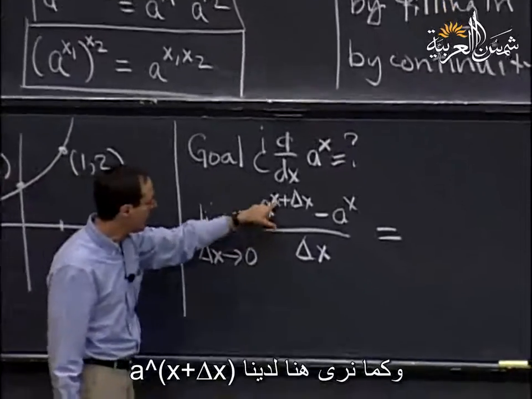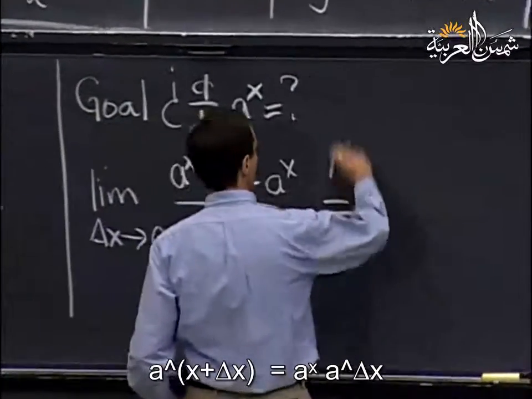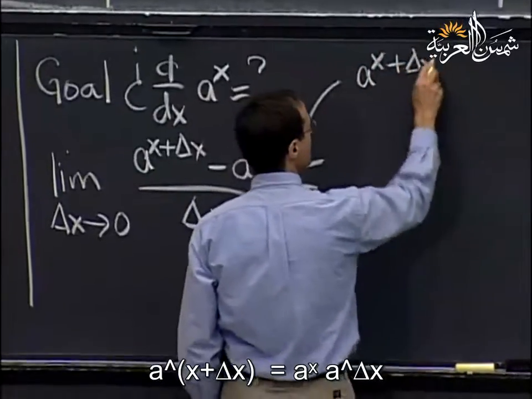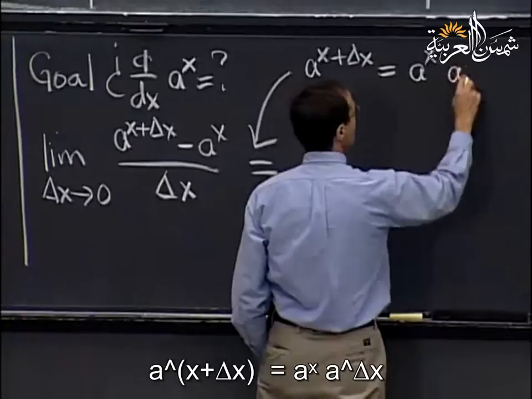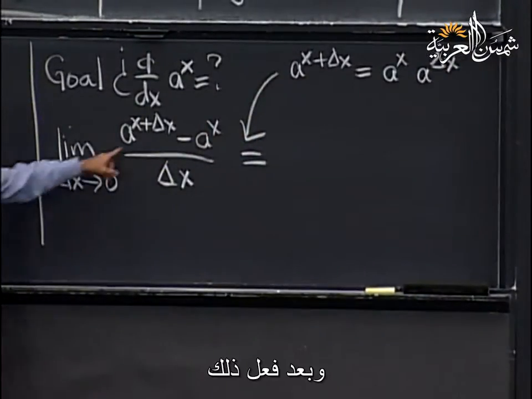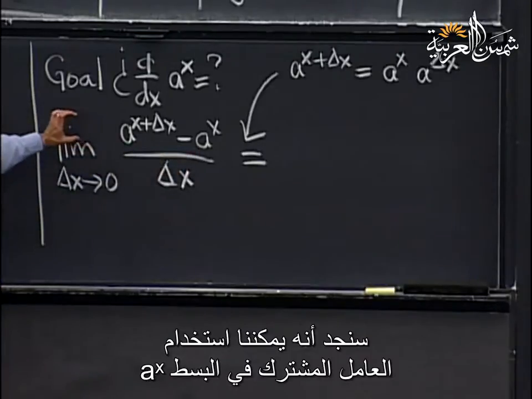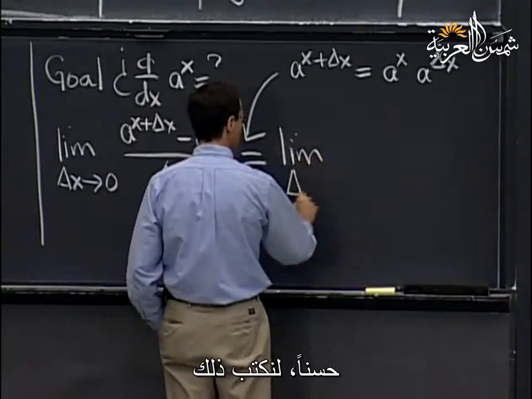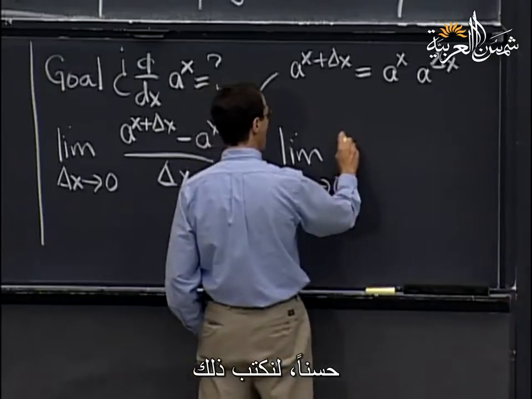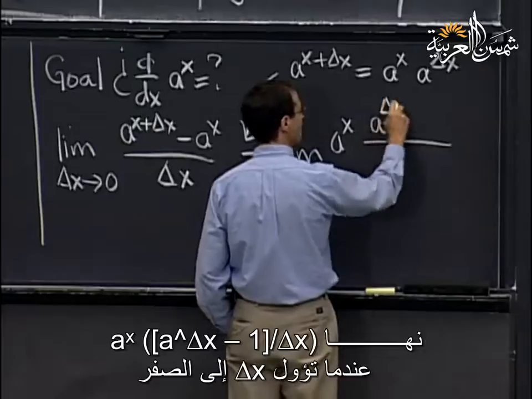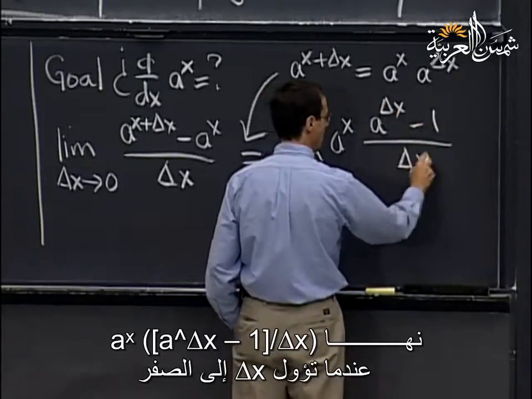So what I want to use is just the property that a to the x plus delta x is equal to a to the x, a to the delta x. And if I do that, I see that I can factor out a common factor in the numerator, which is a to the x. So we'll write this as the limit as delta x goes to 0 of a to the x times this ratio now, a to the delta x minus 1 divided by delta x.